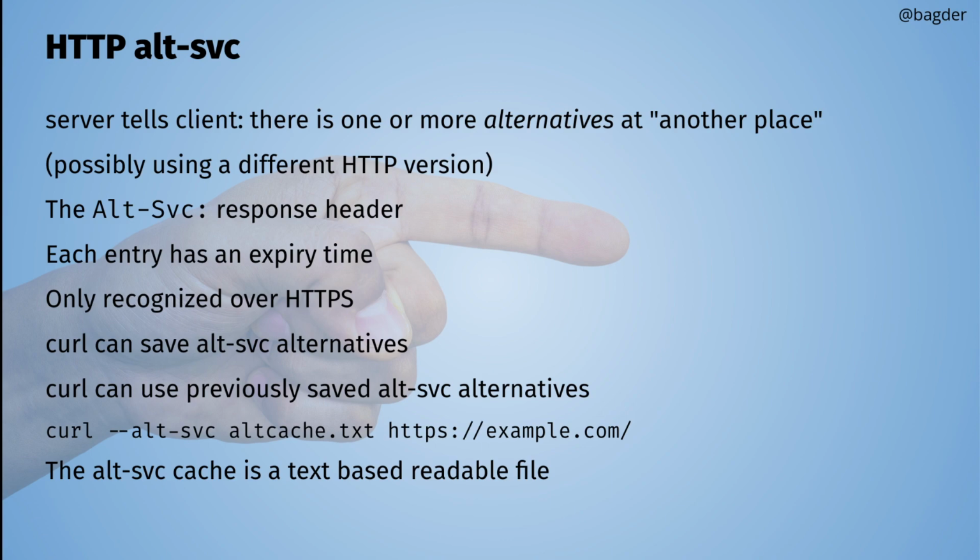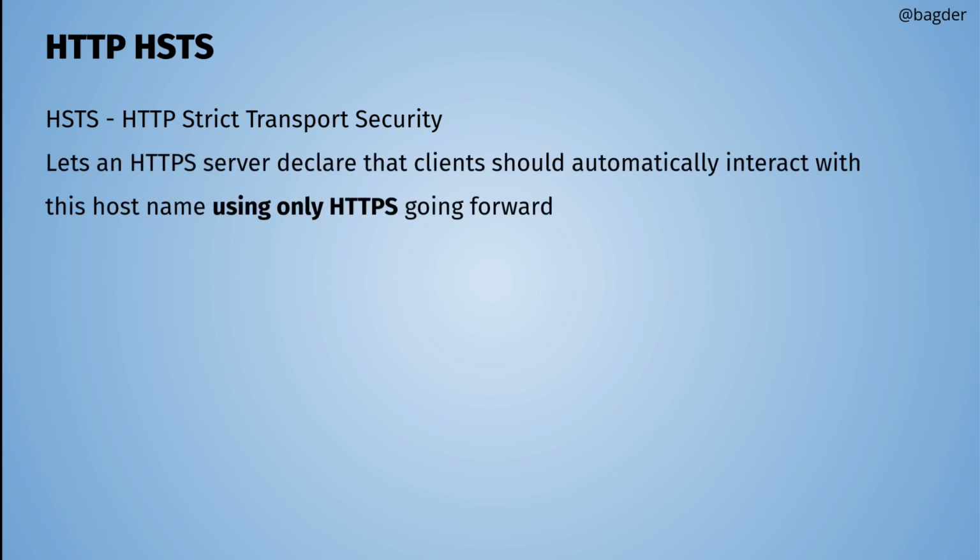A slight variation of the alt-svc is the HSTS thing, which is HTTP Strict Transport Security, a way for the server to tell the client, to tell curl, don't contact me over clear text HTTP anymore for this amount of time into the future.